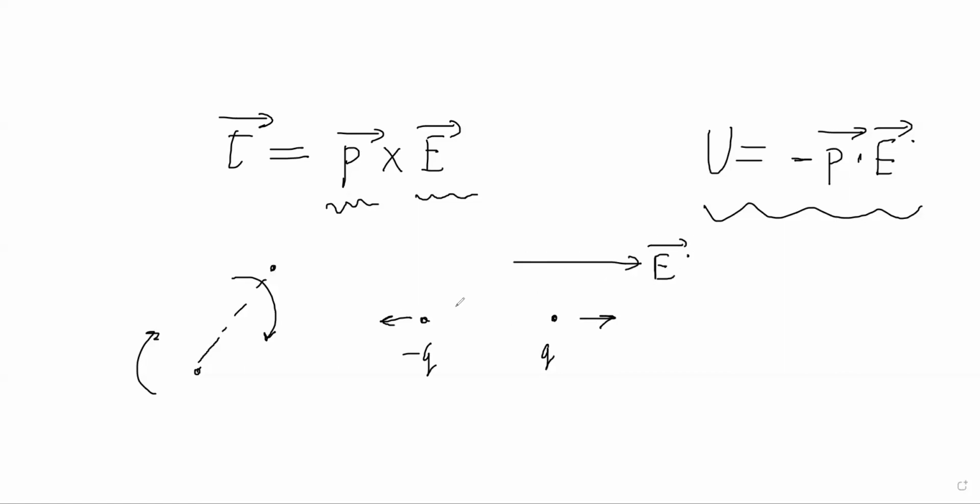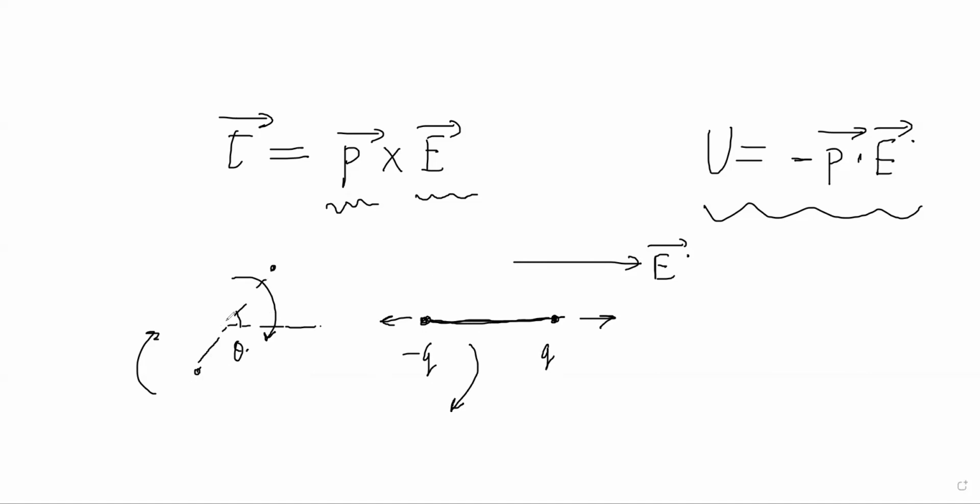So this is your baseline level of the dipole. If it was already like this, it would not turn. But since it is at a different theta, it has more potential energy. You can call this your zero potential and this your higher potential.